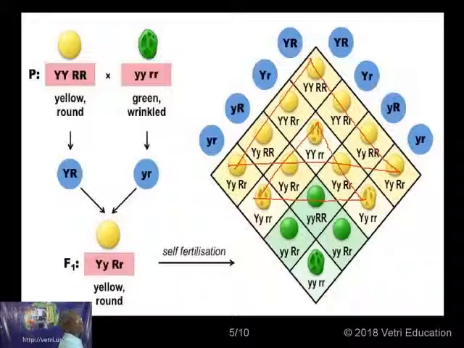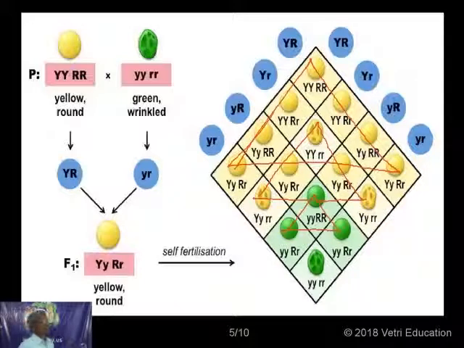This is the green round case. This is the green wrinkled case. If you do it in a slightly tilted form, it looks very systematic, symmetric. Yellow round cases, yellow wrinkled cases, green round cases, green wrinkled case.